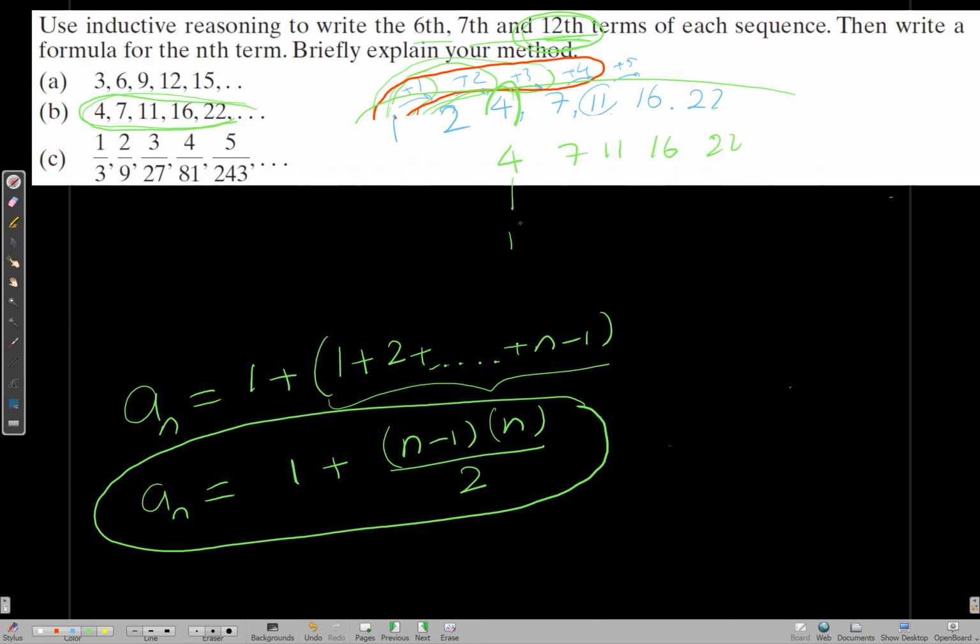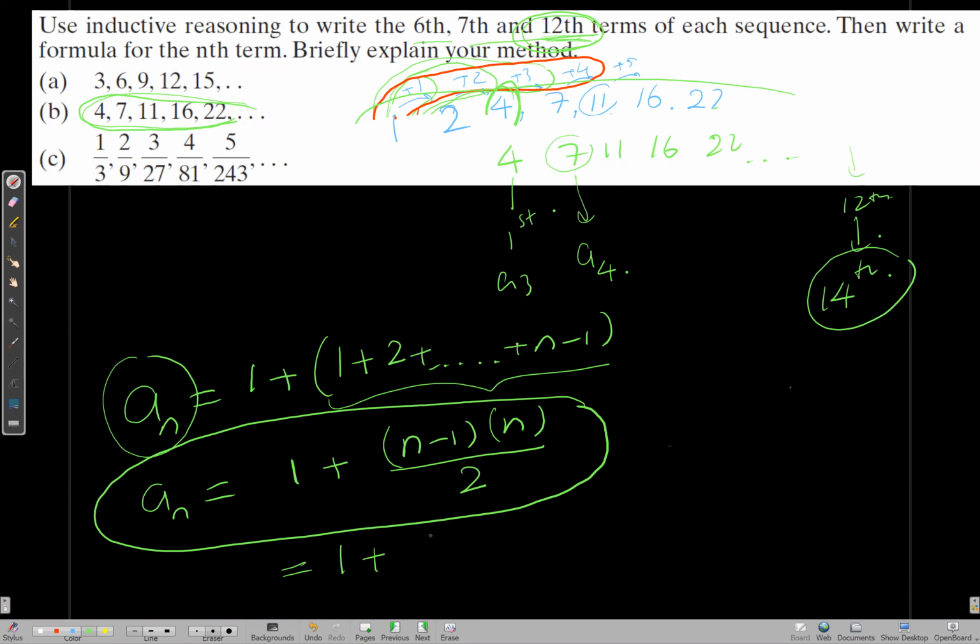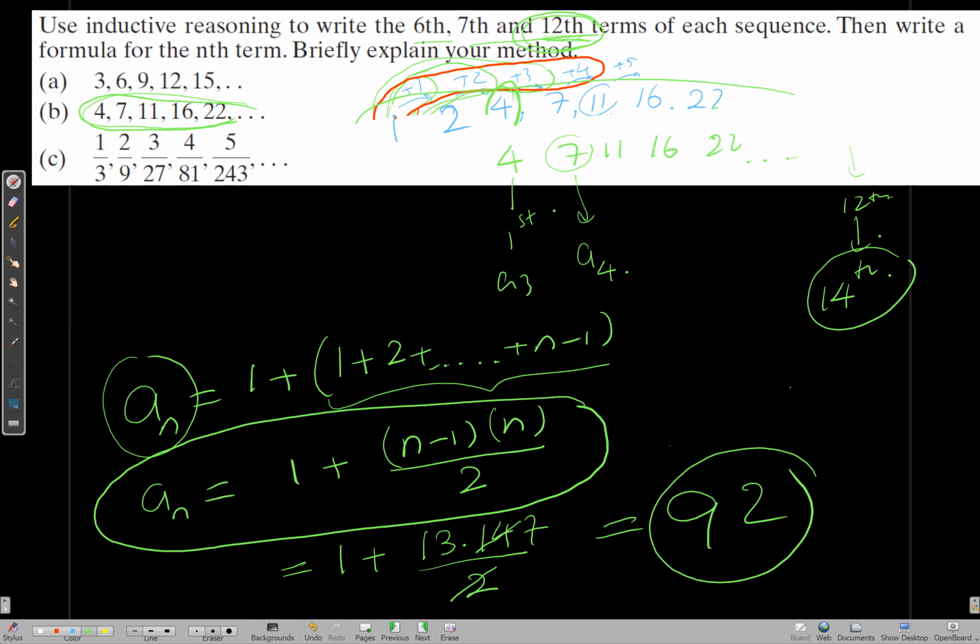This is the first term, right? But that is A3 in our sequence, right? So the 12th term in this sequence means the 14th term in our sequence. Does that make sense? See here, the second term in the given sequence is the 4th term in ours, right? So when you plug in 14 here, 14 minus 1 is 13, 13 times 14 over 2 is 91, plus 1 is 92. See, the same answer. Okay, that's a little tricky one.